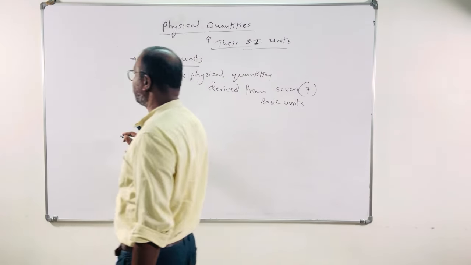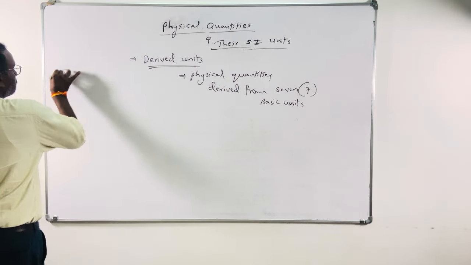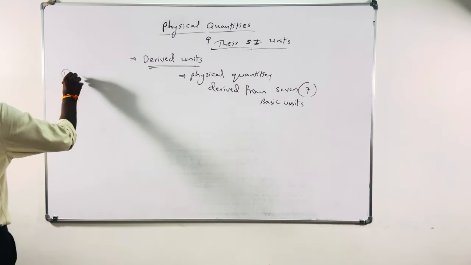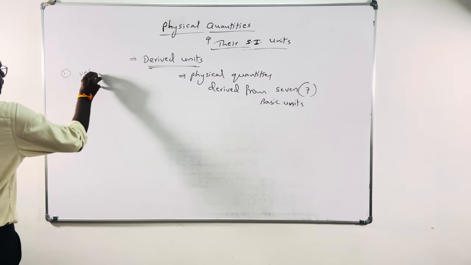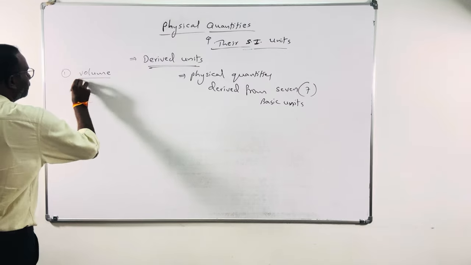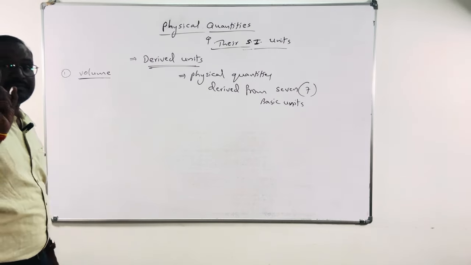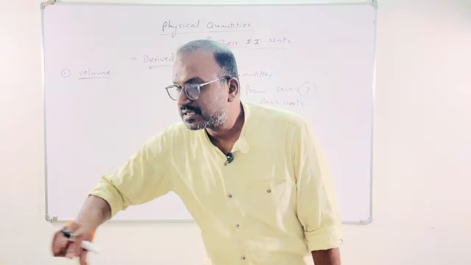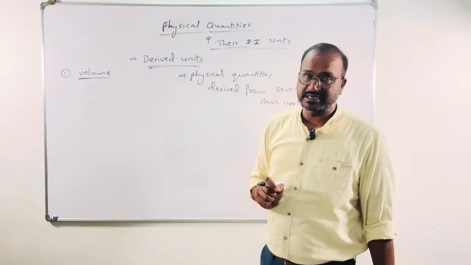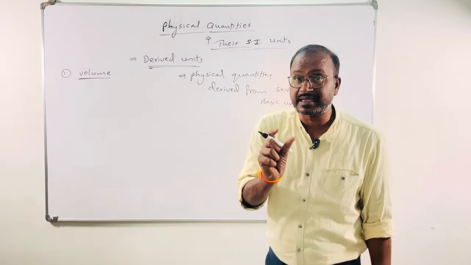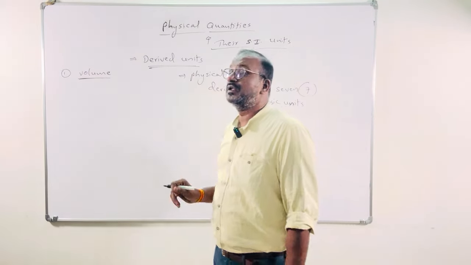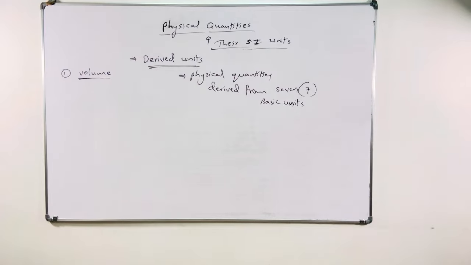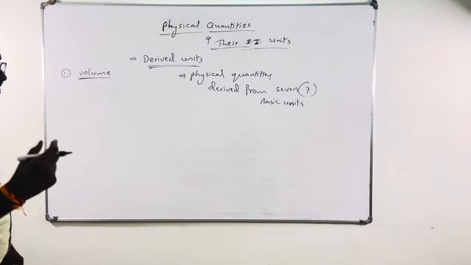In that, the first derived unit is volume. Length is a basic unit, because it is the one-dimensional size of a substance occupying space. Volume means the three-dimensional space occupied by the substance.